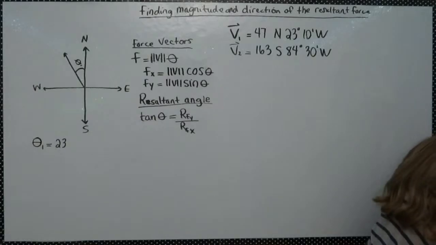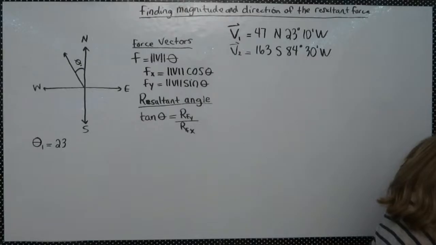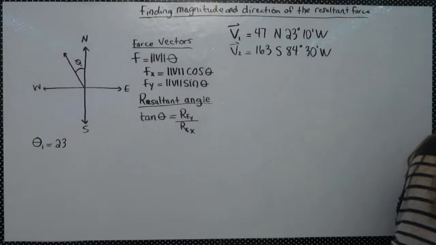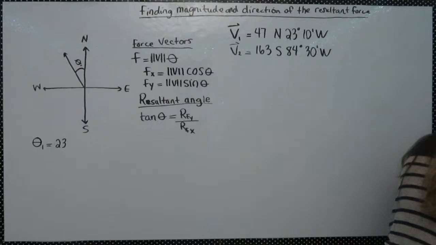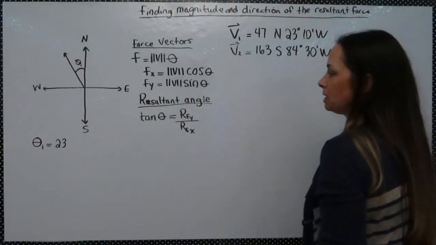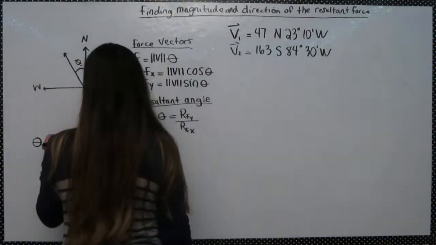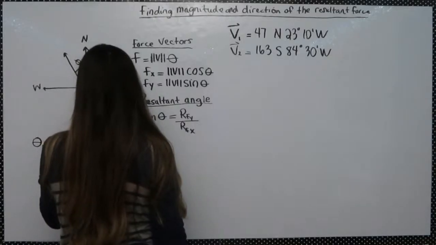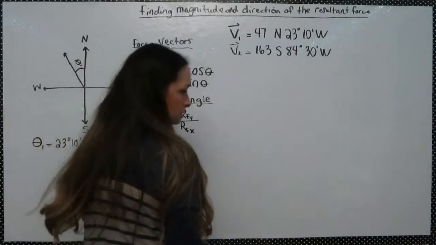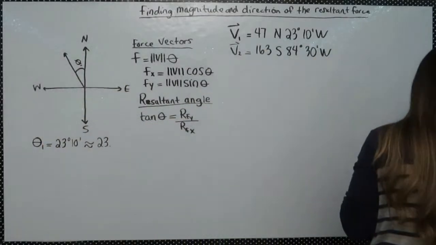So if I have this thing, okay, let's put it in there. 23 and 10 minutes, it's saying it's 23.166 repeating. So 23 degrees, 10 minutes is roughly 23.16.